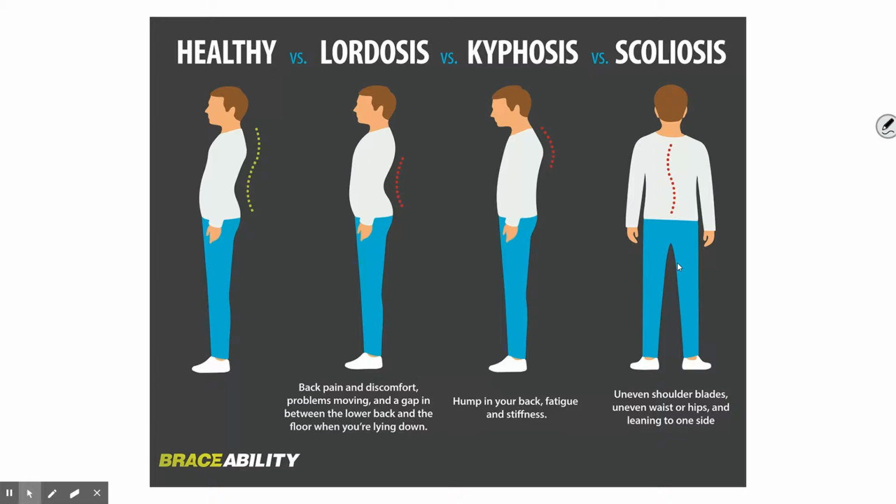Now let's look at some abnormal curvatures of the spine. There's a couple that I want to talk about here. There's a couple in here that we won't mention, like lordosis, and we've talked about healthy curvature already. So let's look at scoliosis. Scoliosis is a lateral curvature of the spine. And what ends up happening here is when you're young, people are developing, their muscles are developing.